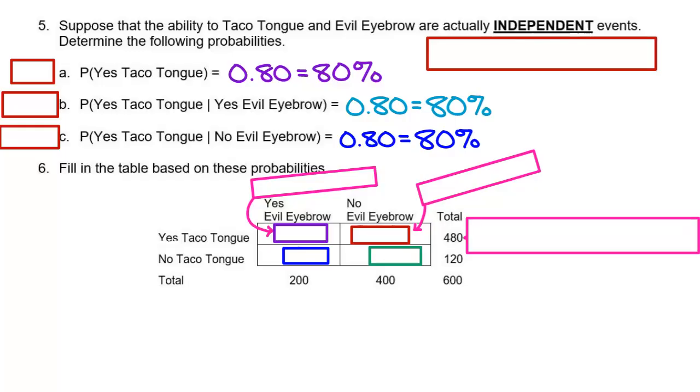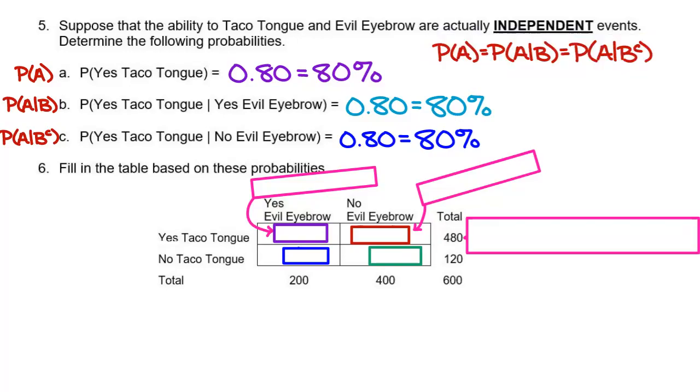I'm going to call this one up here event A, because I want to be able to write this symbolically now. I'm going to say that this is the probability of A given B. And this one right here has the no for my condition, so A given B complement.